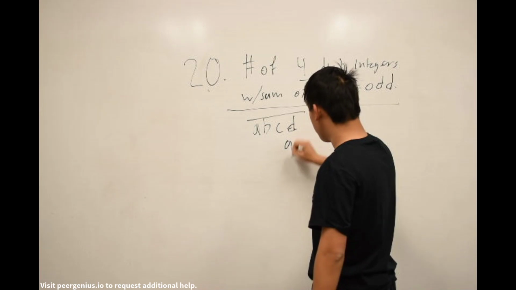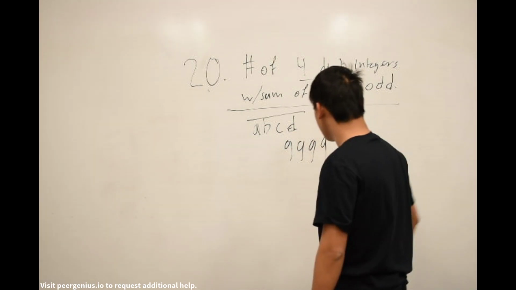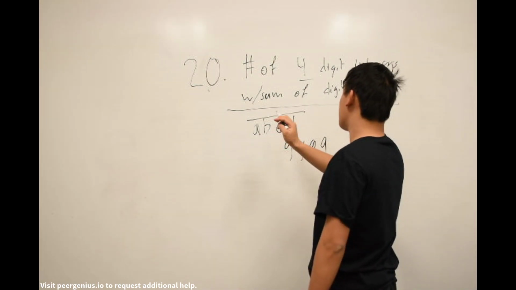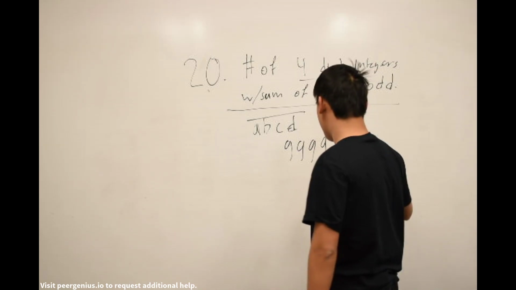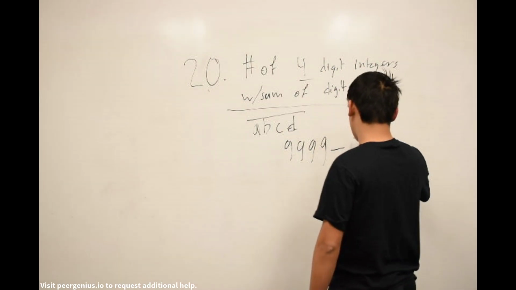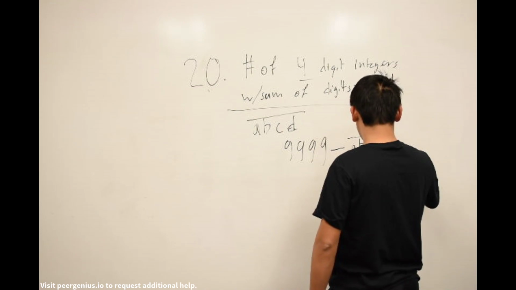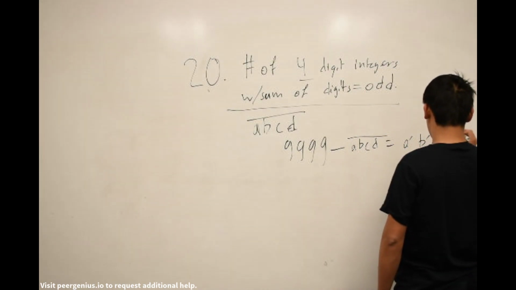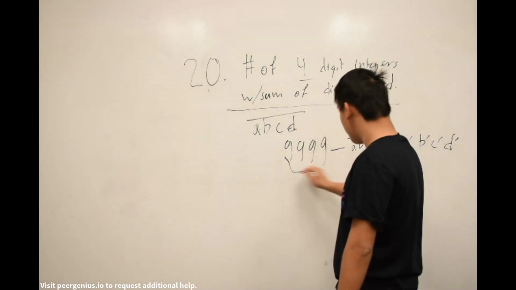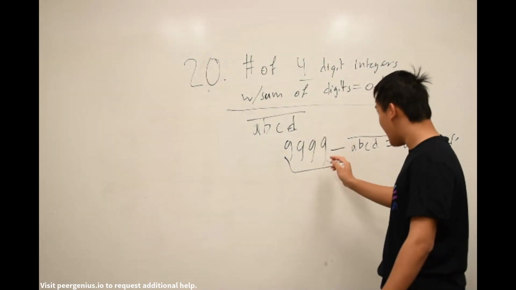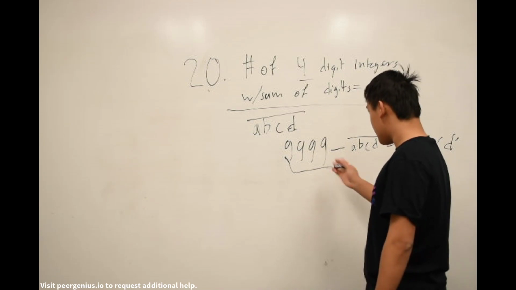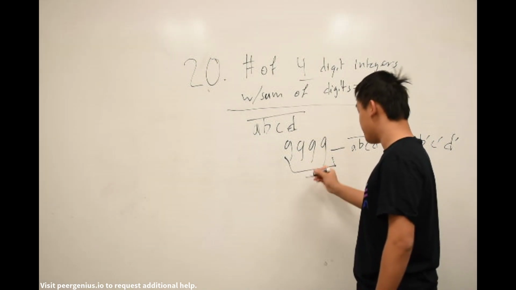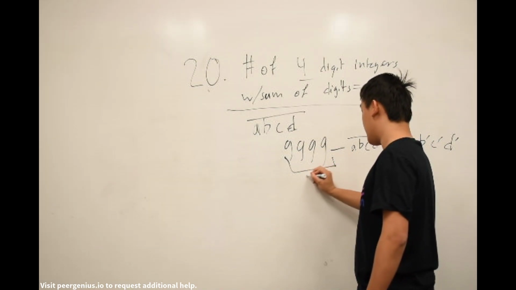Let's consider the number 9999. What do you get when you subtract ABCD from 9999? 9999 minus ABCD will be something like A'B'C'D'. Who cares? The important thing is that 9999 is guaranteed to have an even sum of digits.